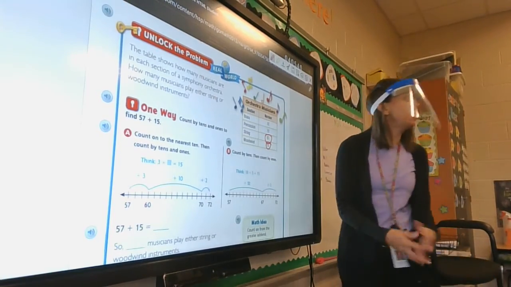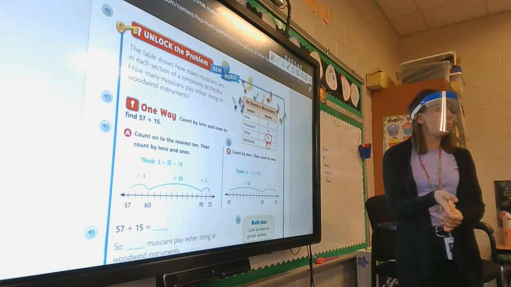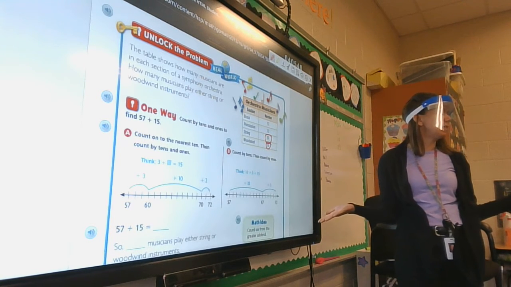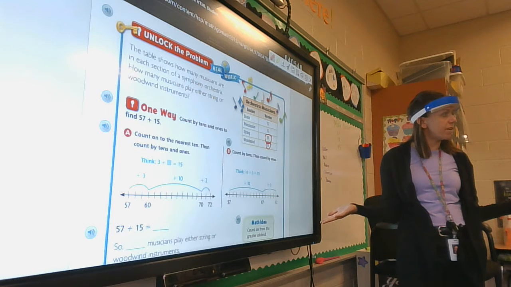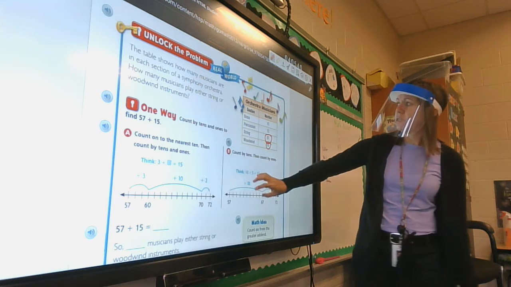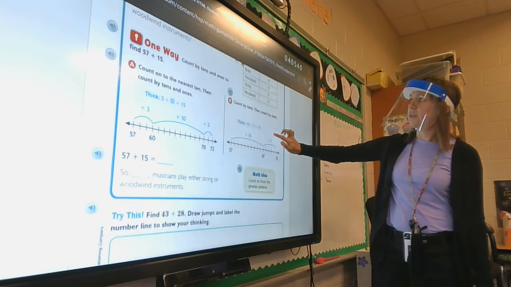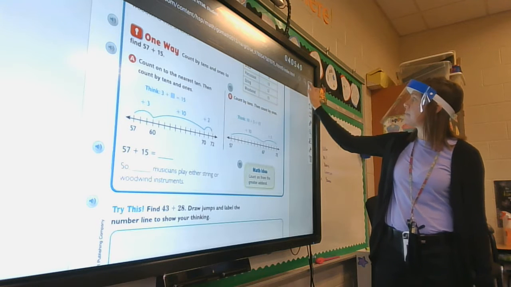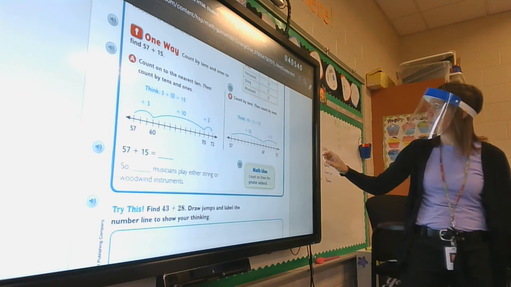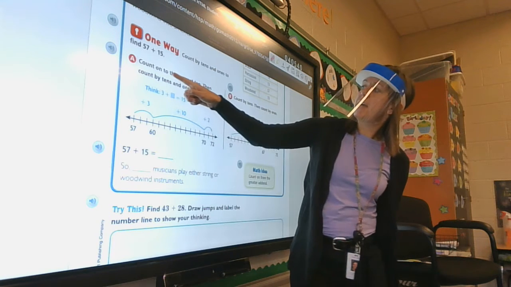Hold on. Let's look at how we're going to use this number line to help us. It tells us to count by tens and ones. Can we all count by tens? And we know how to count by ones, right? Okay. So it says that what we want to do is count on to the nearest 10.